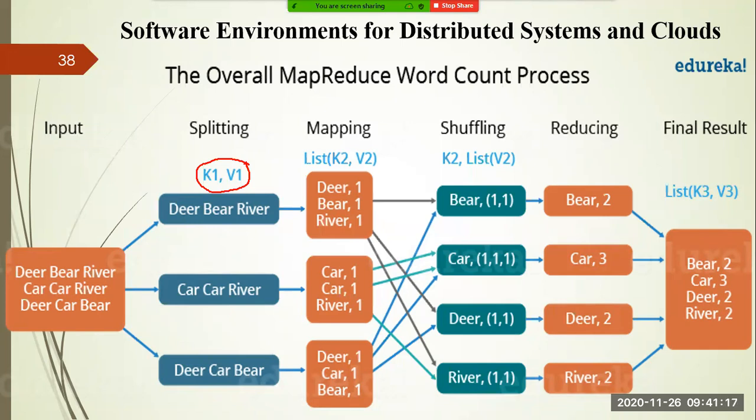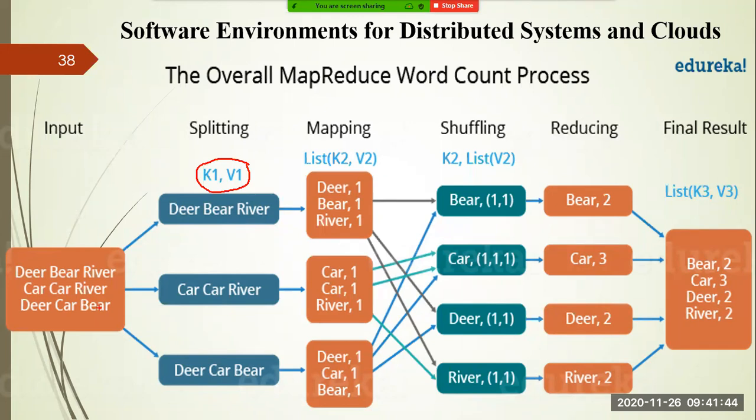In this case, it is counting how many times a word is repeated. Deer is repeated one time, beer is repeated one time, river is repeated one time. Similarly, in the second case, car is repeated one time, car is repeated one time, and river is repeated one time. In the third file, deer is repeated one time, car is repeated one time, and beer is repeated one time.